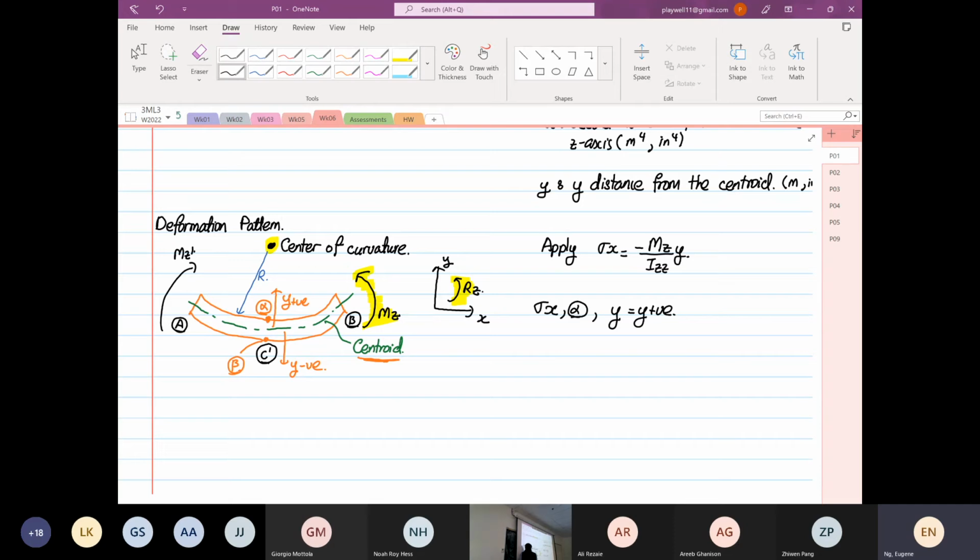Because it's pointing towards the center of curvature, and any point that is above, for this case the alpha point, y is positive. So when we substitute into this formula, stress x alpha is equal to minus Mz over Izz multiplied by y positive. So when that's the case, the answer will be equal to minus Mz over Izz times y.